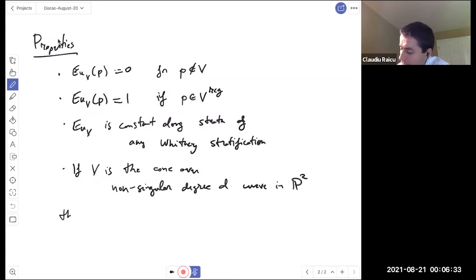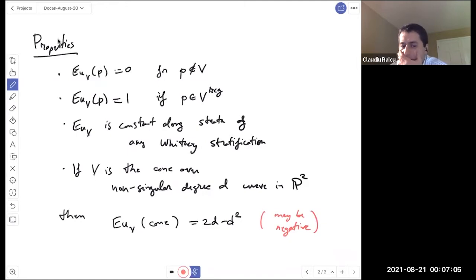Then the value of the Euler obstruction at the cone point is going to be 2d minus d squared. And so I just want to emphasize that this number may be negative. It's not going to come up today, but it will come up next week when I talk about some more general examples. Okay, so at least we computed this local Euler obstruction in one example.